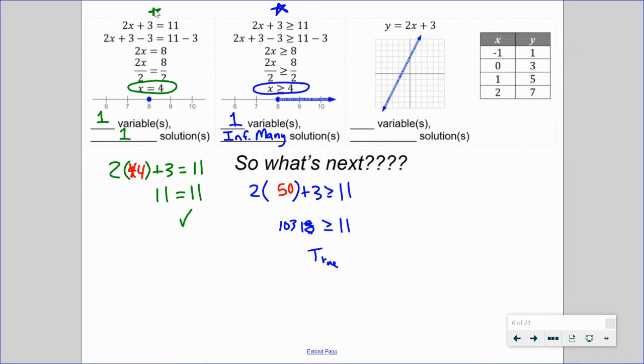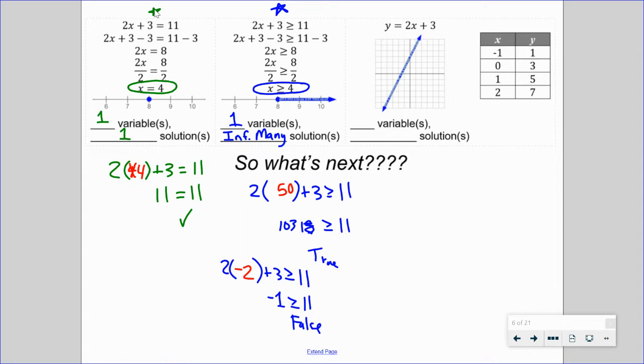If you tried 2 or negative 2, that of course would make a false statement. Think about this. 2 times negative 2, negative 4. Negative 4 plus 3 is negative 1. That's not correct.